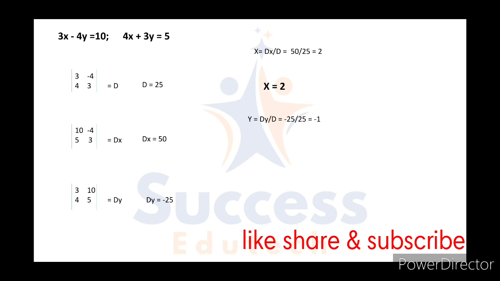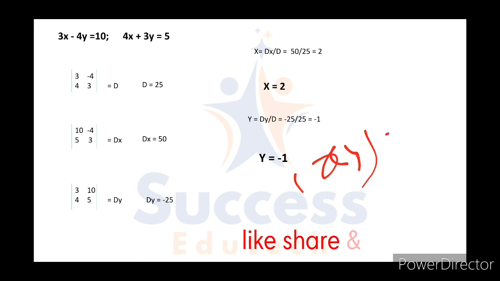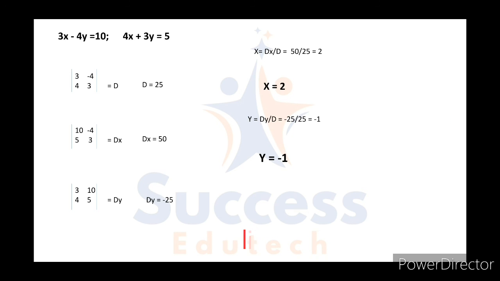Now y equals dy by d equals minus 25 divided by 25, so we get minus 1. Now this is our solution, that is x, y equal to 2, minus 1. This is our solution by Cramer's rule method.